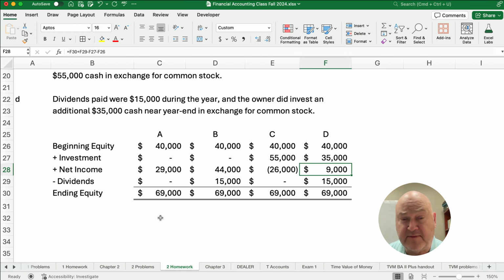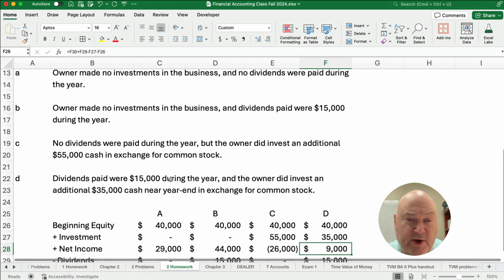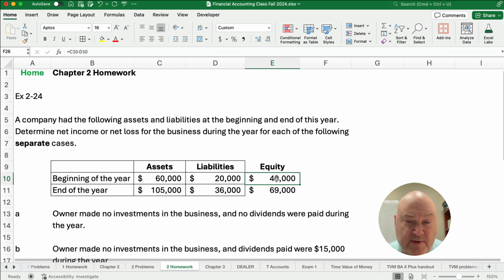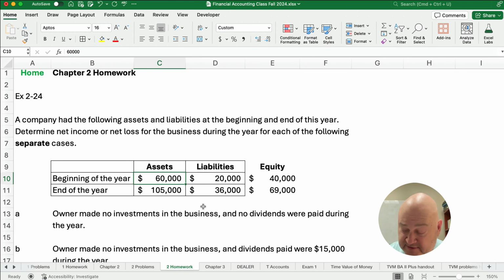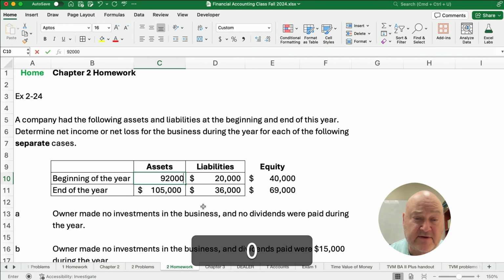So the math is the same every time. If you do this by hand, you have to do this 4 different times. If you do this with Excel, you do it once, you make a template, and now it solves every problem that you have with beginning and ending equity, investment, and dividends. Now watch, we could go back and change our beginning assets to be 92,000.